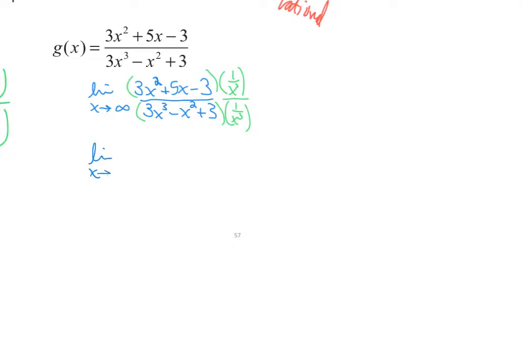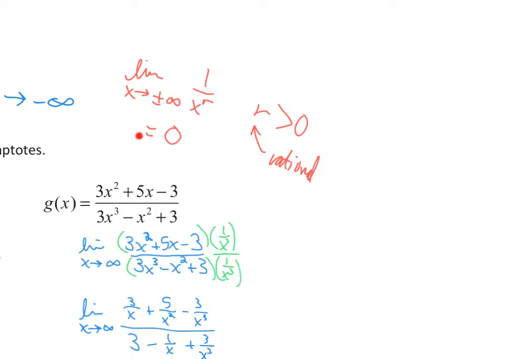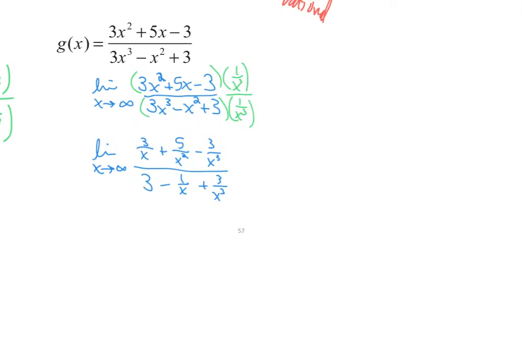Okay, so keep going. Limit as x approaches infinity of 3 over x plus 5 over x squared minus 3 over x cubed all over 3 minus 1 over x plus 3 over x cubed. Again, you should be able to use the fact above to calculate the limits of each of the individual pieces.